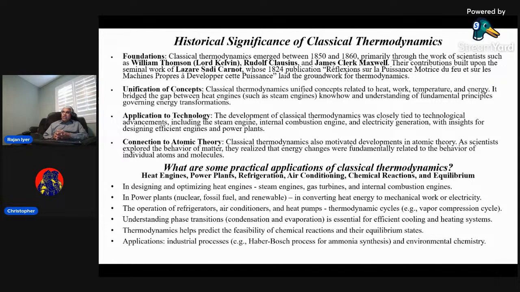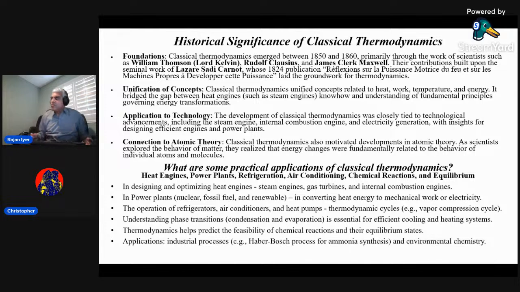So in the middle part of the 18th century, it was developed because of the work of scientists such as Lord Kelvin, Clausius, and Maxwell. They were dependent on the work of Carnot, who had published in 1824 Reflexions sur la Puissance.